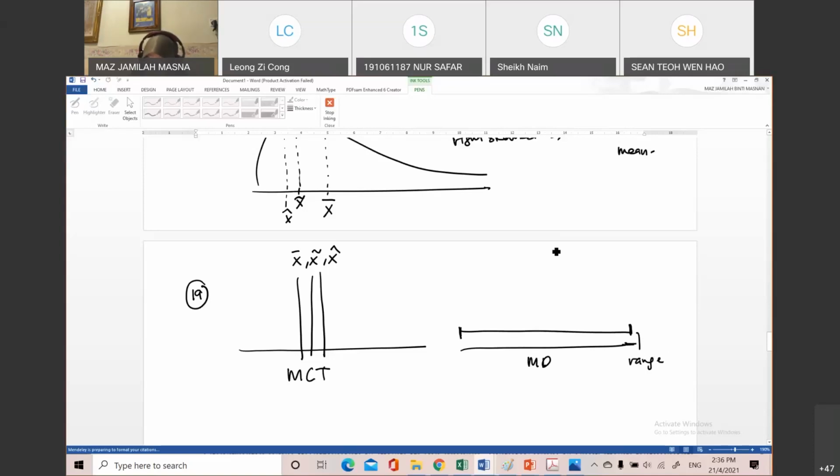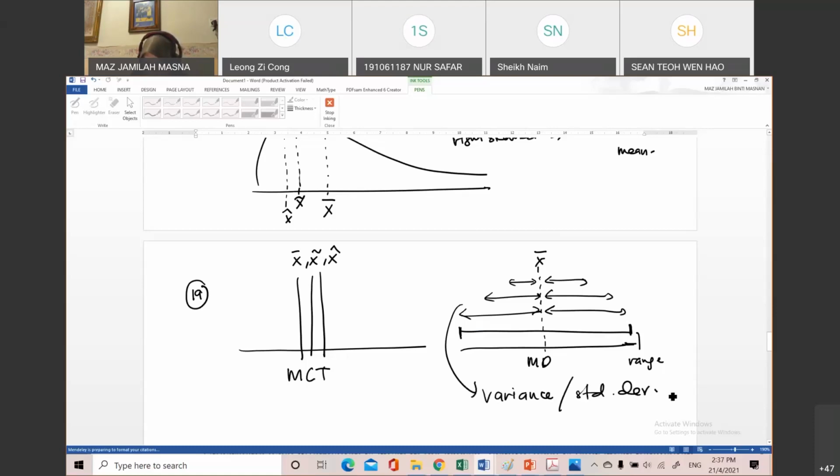Or if you are taking into account the central value, the x bar, you calculate, as I mentioned earlier, the distance from every single point in your data to the mean. So you are talking about the variance and standard deviation, how much the data deviates from the central value. So that is measure of central tendency and measure of dispersion.